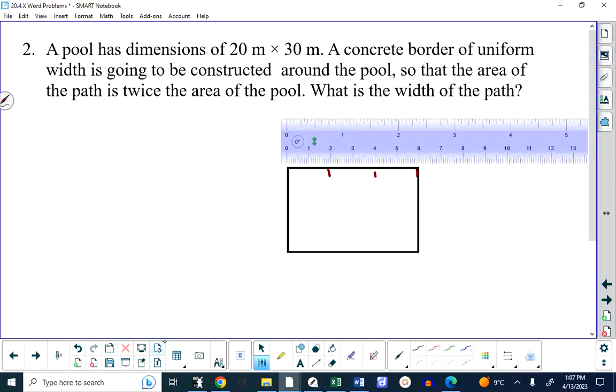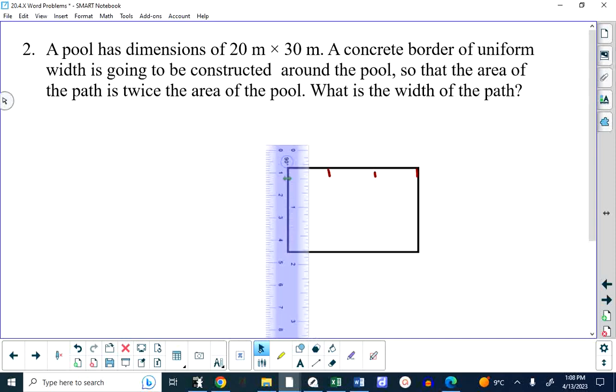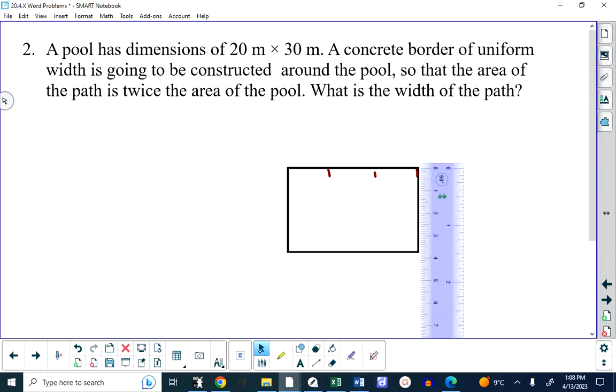If it's 20 in the other dimension, then it's going to be 4 centimeters as a length or a width. I don't know how close I'm going to be. Not bad. Good enough. It doesn't have to be perfect because we're not going to get the answer by looking at the diagram. We're going to get the answer by building an equation. But the point is, just hold off on drawing anything else just yet.